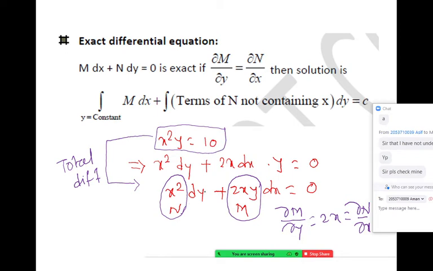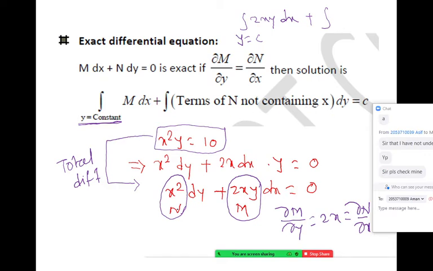We have to integrate M dx, treating y as a constant. The value of M is 2xy, so the integration of 2xy dx, treating y as a constant, plus the integration of only those terms of N not containing x.